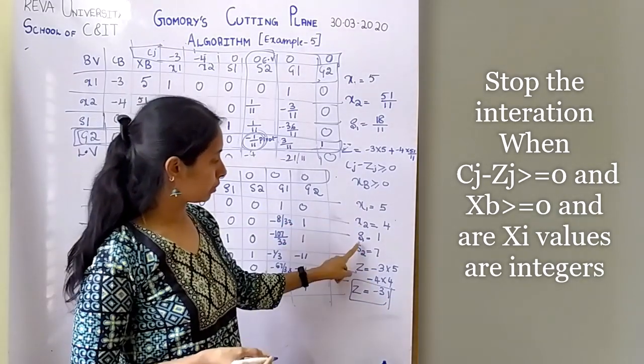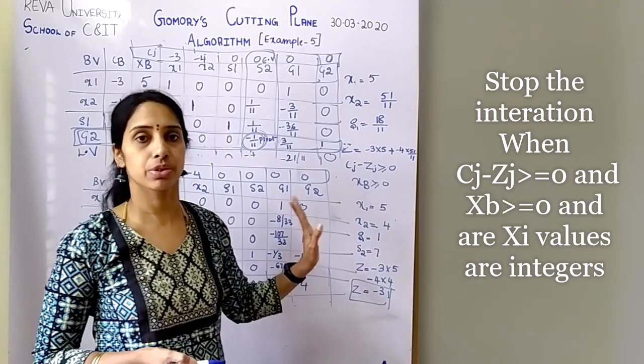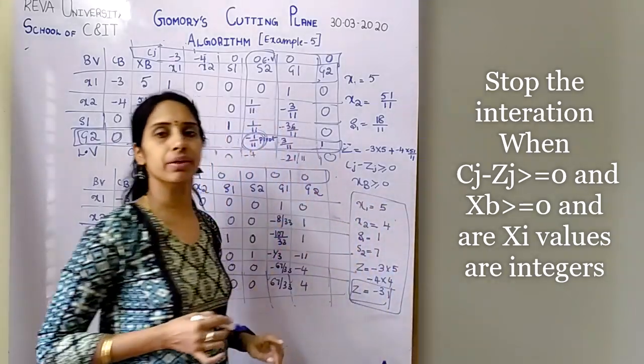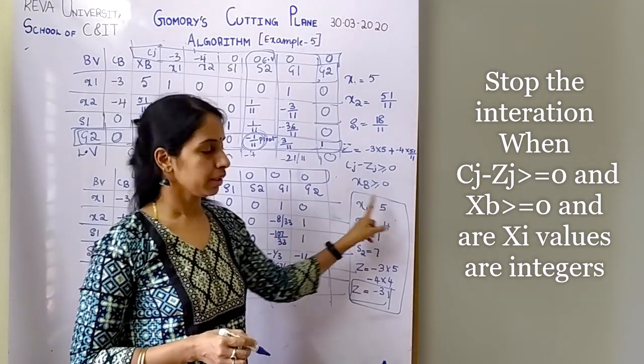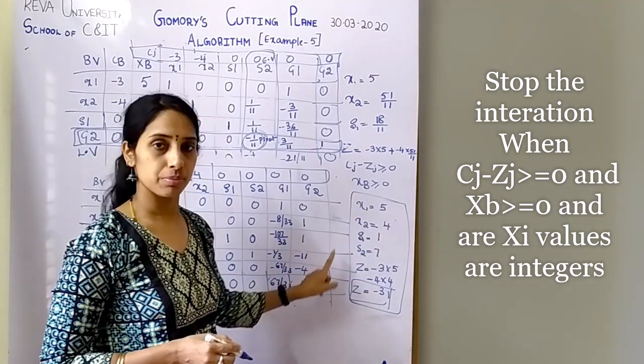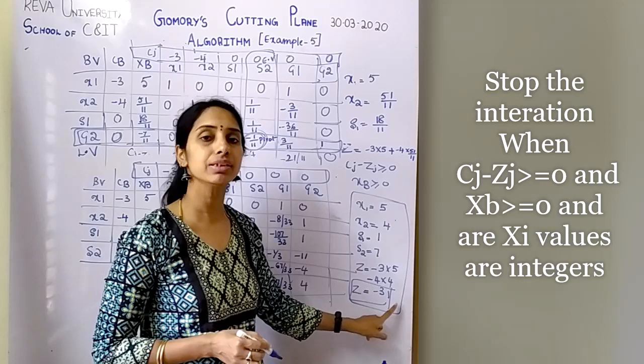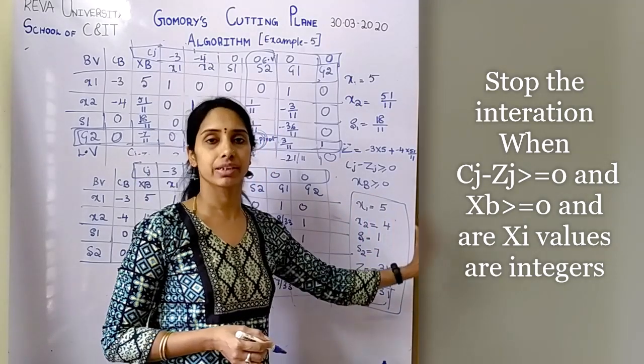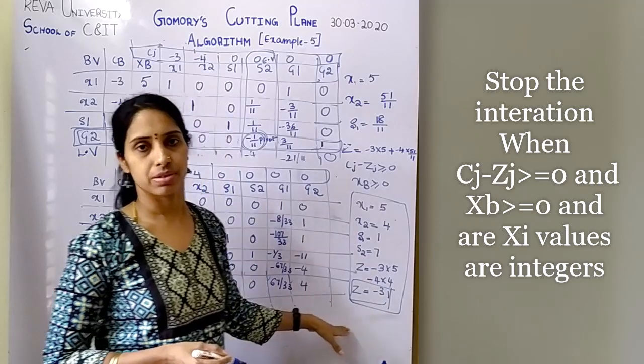And x1, x2, s1, s2 all are positive here. So we have to stop the iteration here. x1 is 5, x2 is 4, and the objective function z is equal to minus 31. All are positive, all are integers here. So stop the iterations. Thank you.